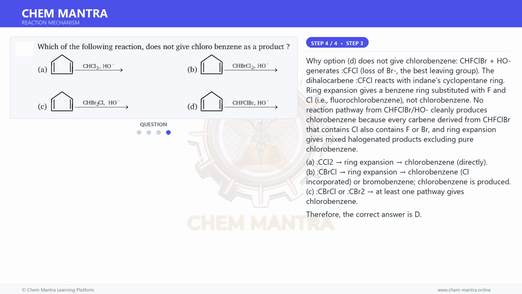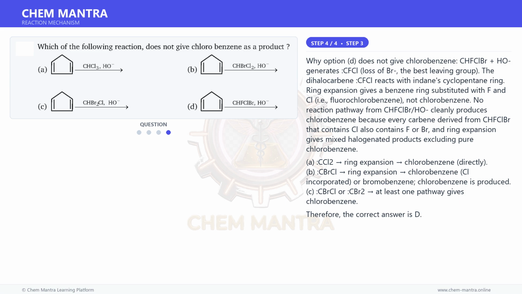And for the final step, option D does not give chlorobenzene. CHFClBr plus HO- generates CFCl, with loss of Br, the best leaving group. The dihalocarbene CFCl reacts with indane's cyclopentane ring.